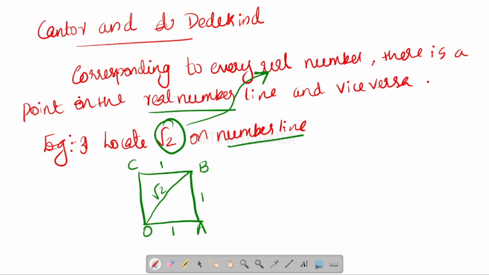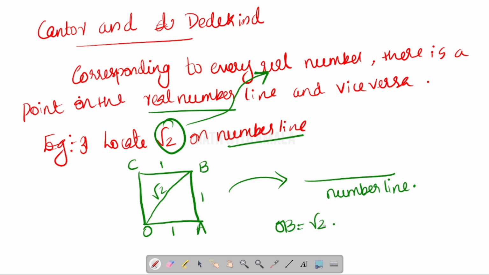Now let's see how we can represent this number root 2 on the number line. In the number line you can have 0, 1, 2, 3, etc. Root 2 lies between root 1 and root 4. What is the reason? Between root 1 and root 4 means it is lying between 1 and 2 only.